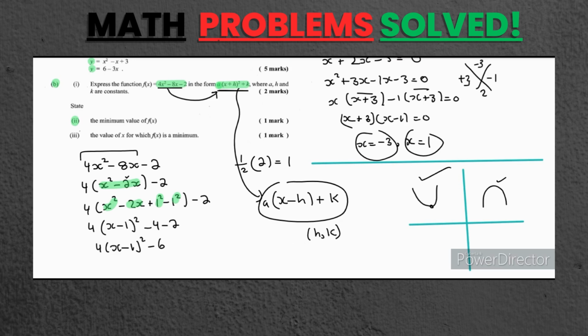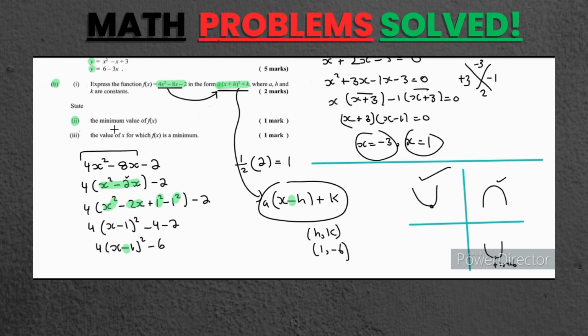If we compare this with this, what will be the vertex? h will be 1 and k will be negative 6, right? So the vertex of this graph will be (1, negative 6). It will be somewhere here, (1, negative 6).